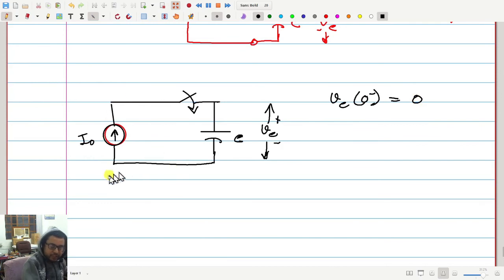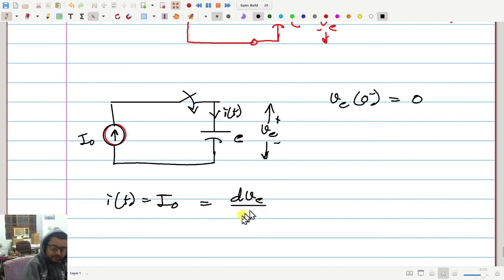After the switch is closed, we write a KCL equation. In fact, directly we can write that this current IC is equal to I naught, and this is equal to C times dVc/dt.